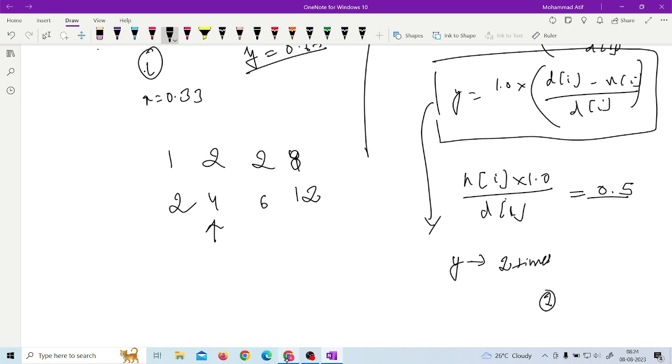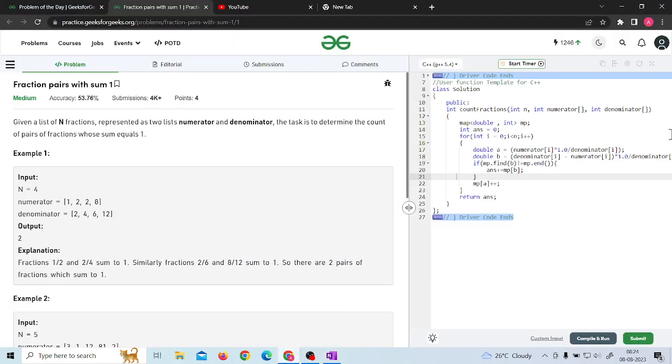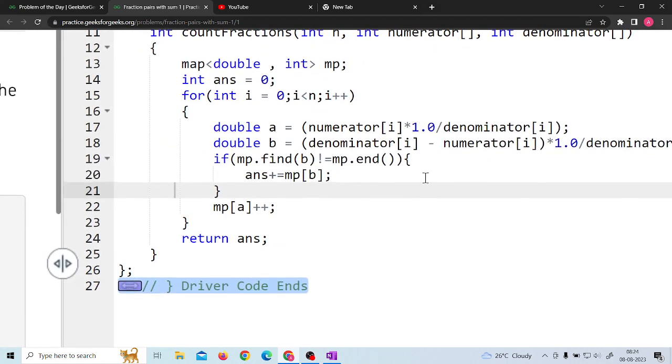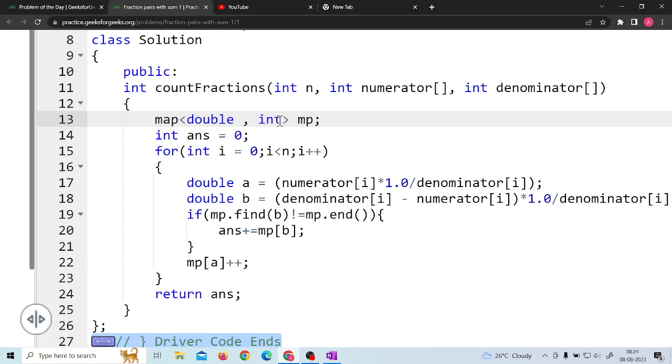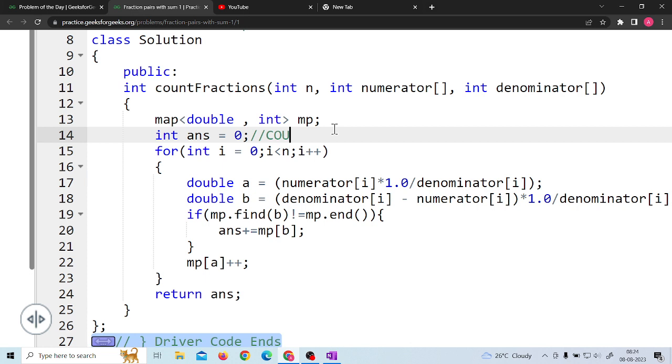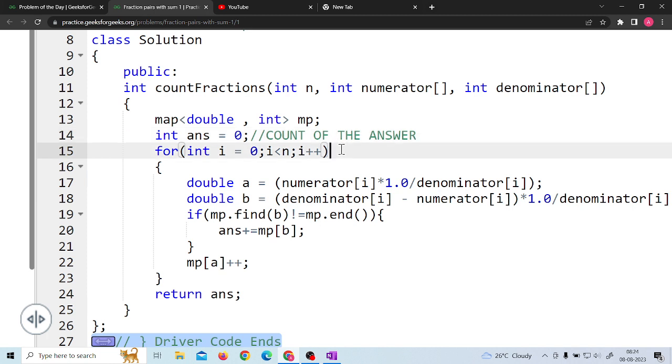Now let's move on to the coding section. So the coding part is this one. What we have done is we have simply taken a map data structure that stores double comma int; the key is double and the value is int. This answer will be storing the count of the answer, and we are traversing from 1 to n.